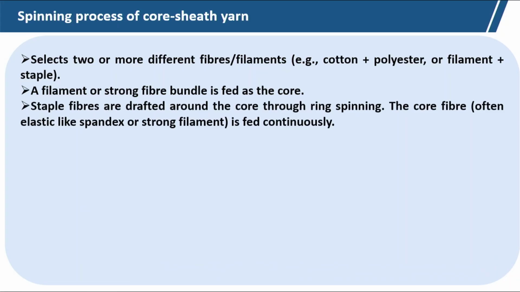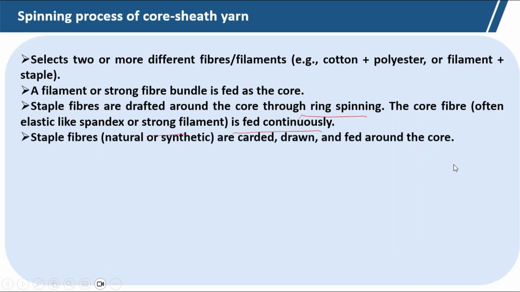The staple fibers are drafted around the core through ring spinning. The core fiber, like elastane fiber, spandex or strong filament, is fed continuously through the feed roller, front roller. So, the front drafting roller, it is fed as I mentioned earlier. Staple fibers, natural or synthetic, are carded, drawn and fed around the core.